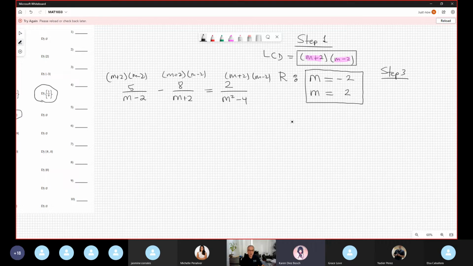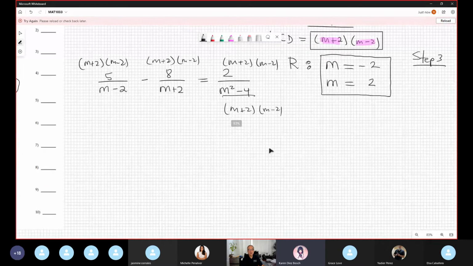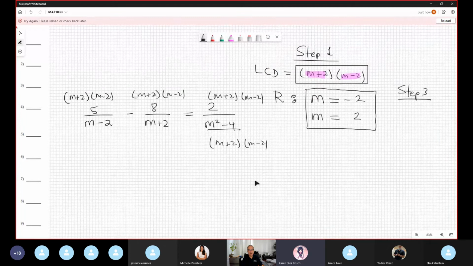I forgot that I erased, just in case. The factorization is m plus 2, m minus 2. See, more clear. I copy this. Step 3 is multiply, she said. Now multiply, be careful. This is cancelled with this. Stay 5, parenthesis, m plus 2, and the first one.